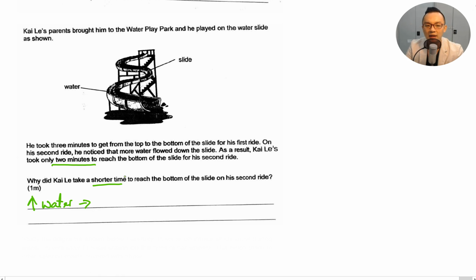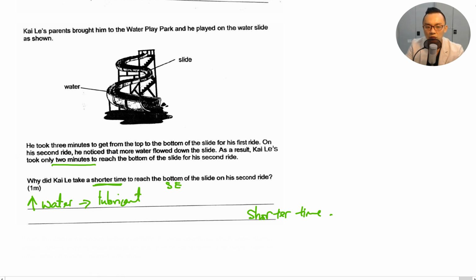All right. So again, explain, right? So there was more water, and then the last thing, it's shorter time. So end of it is shorter time, and in between is your scientific explanation. All right, so there's more water, and water acts as a lubricant.